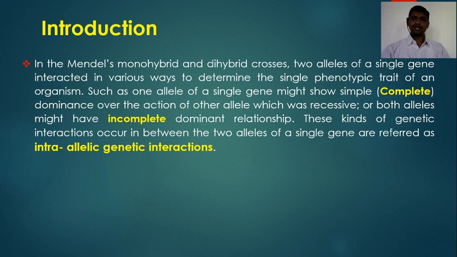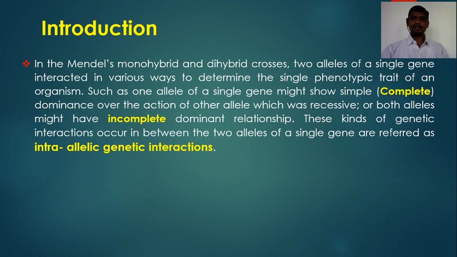Or in incomplete dominance, we see that both alleles might have an incomplete dominant relationship. This means the dominant allele is not able to completely mask the phenotypic expression of the recessive allele, as a result of which an intermediate phenotype appears in the F1 generation.